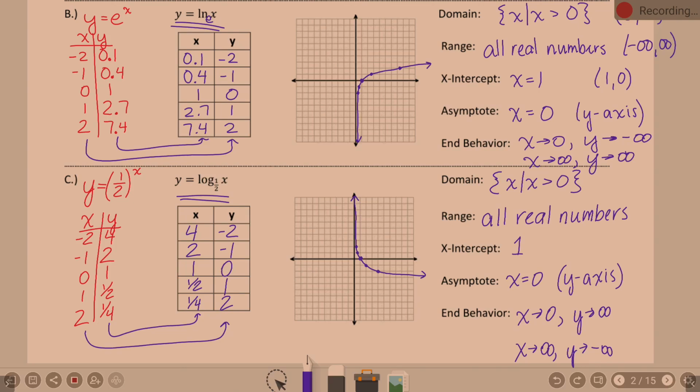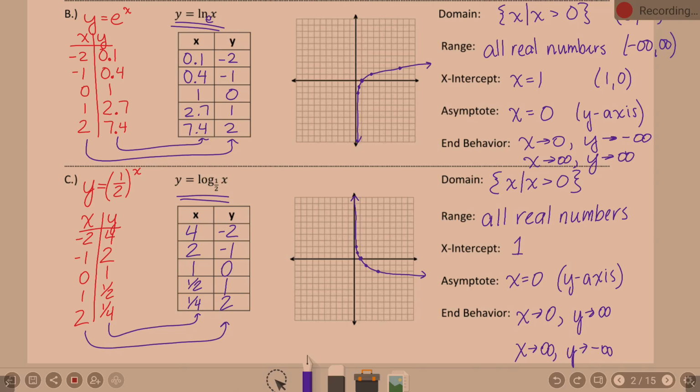What is my asymptote? On these, my asymptote is the y-axis. If I take my graph and I move it up 4, or up 3, whatever it was, is that going to change the location of that asymptote? No. It's just going to take that graph up farther. So in this case, the asymptote's not going to change.